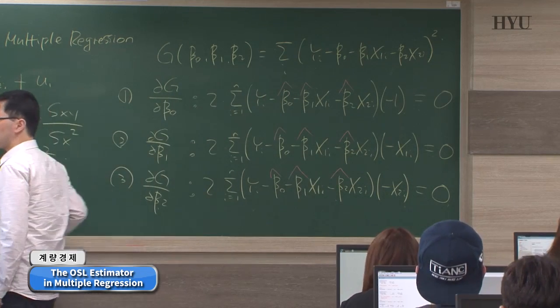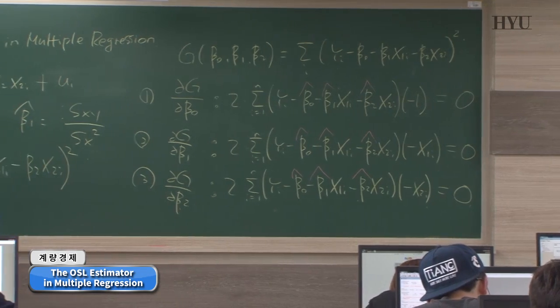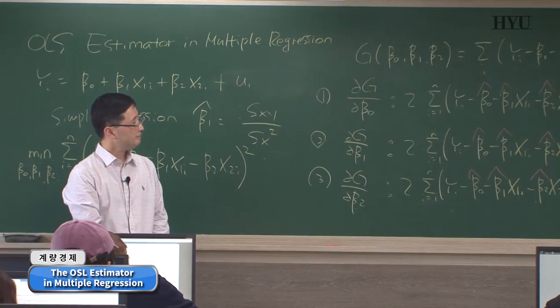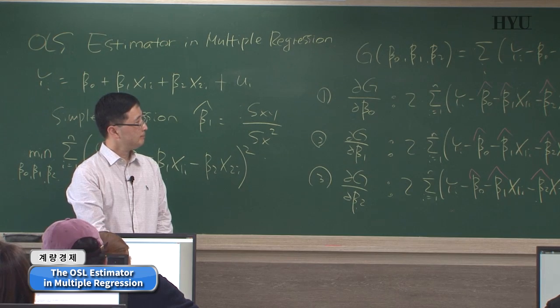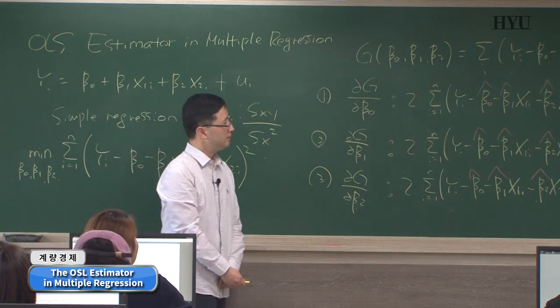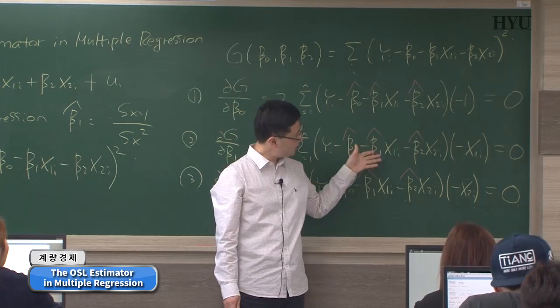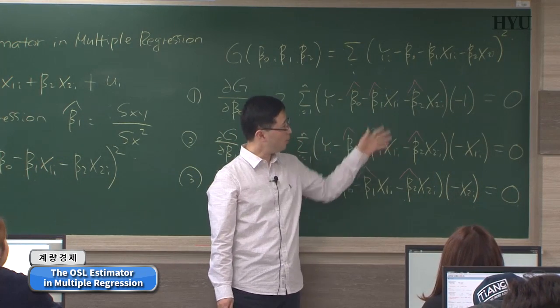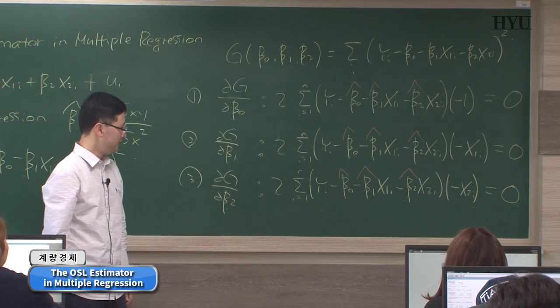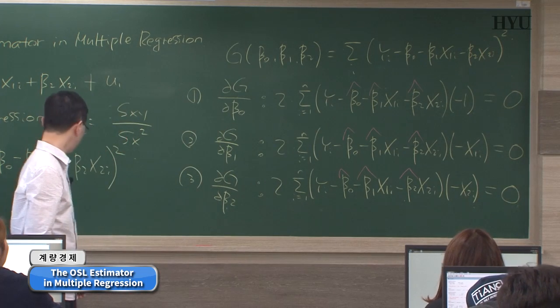That's going to be the solutions of these first order conditions. So when you evaluate these equations at these points, you can make them all equal to 0, hopefully. So that's our first order condition.